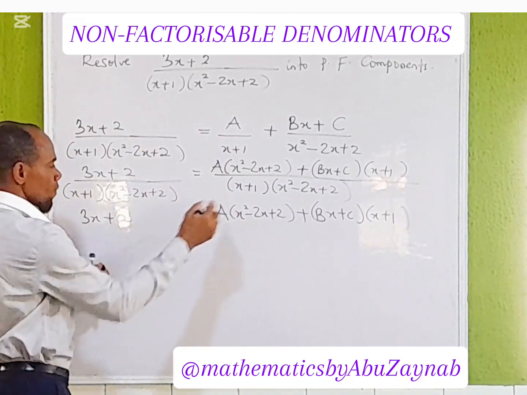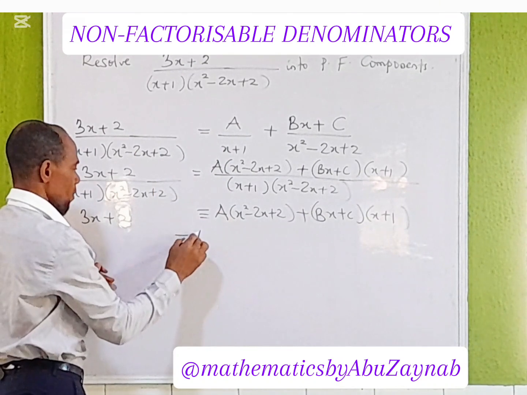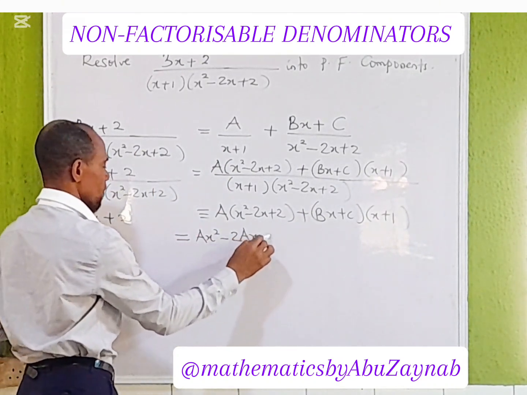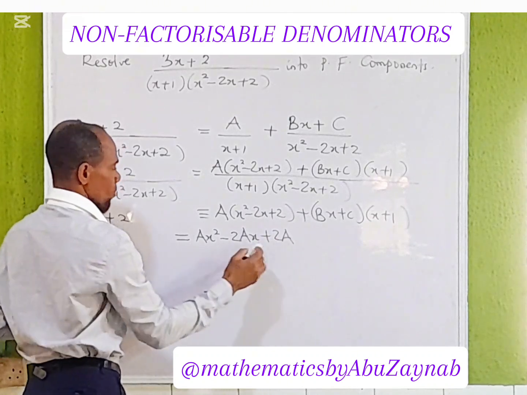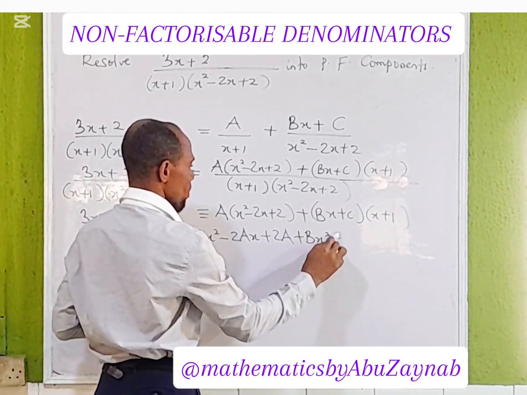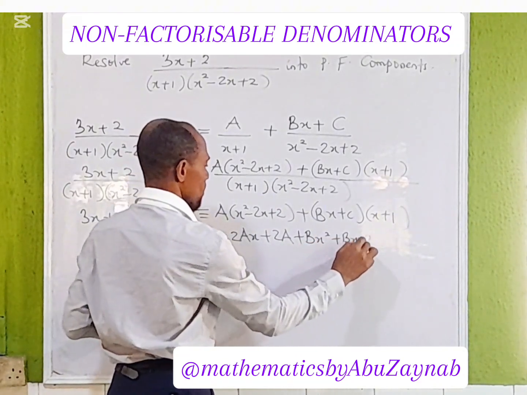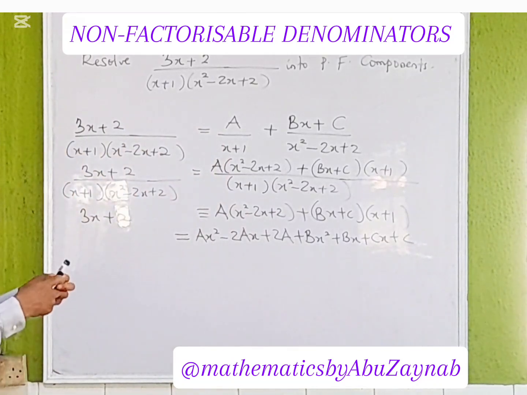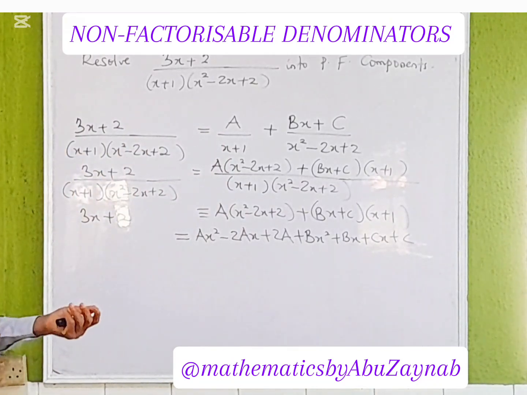What is left now is to open the brackets. Opening the first bracket, we have Ax squared minus 2Ax plus 2A. The second bracket gives Bx squared plus Bx plus Cx plus C. At this point, we can collect the terms by degree.